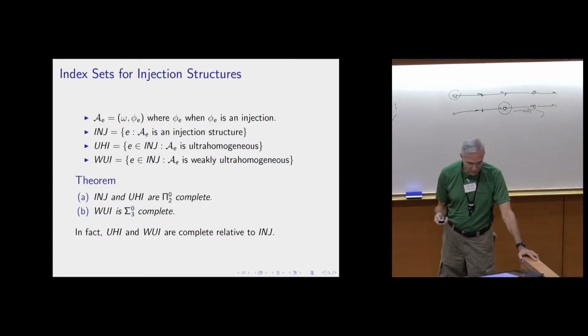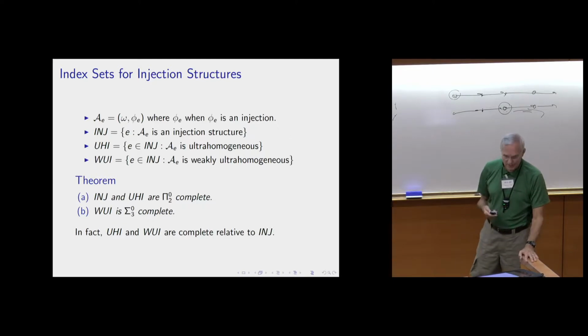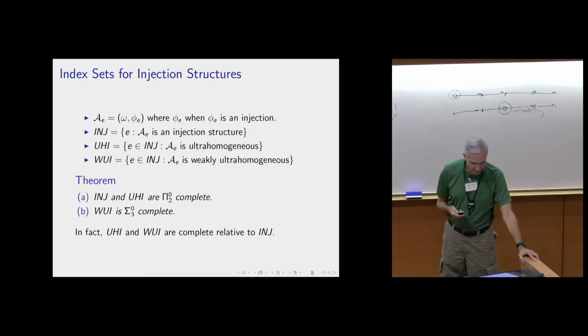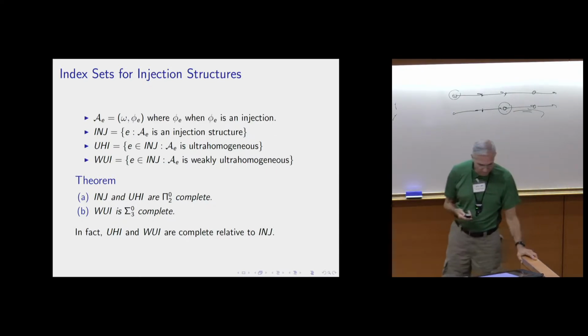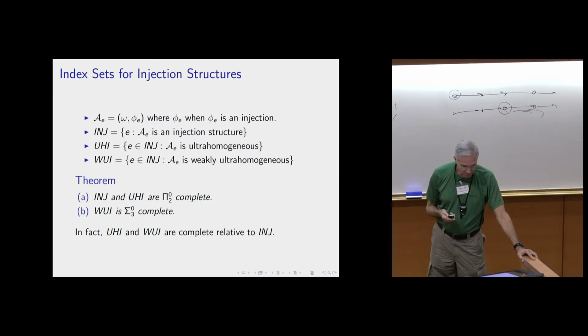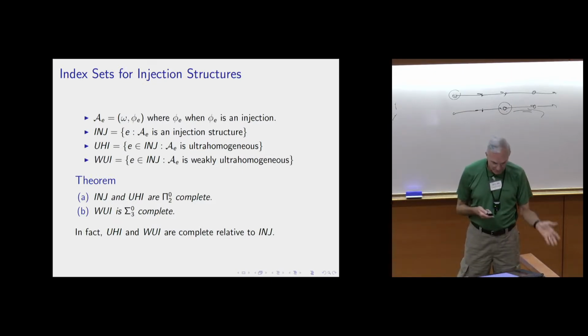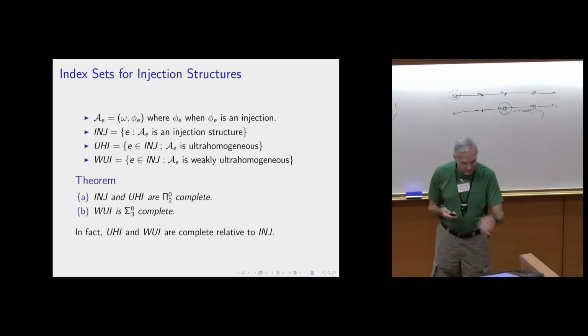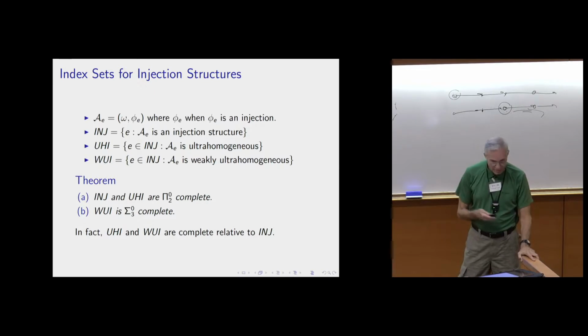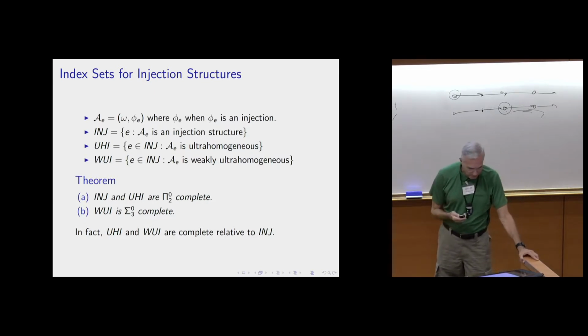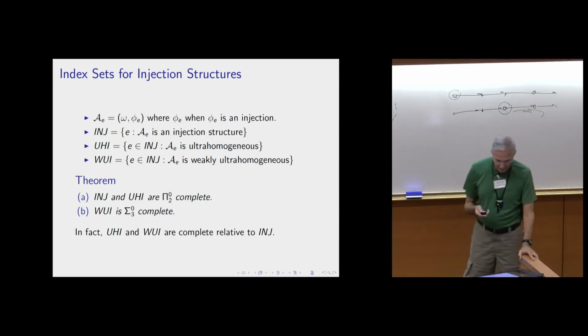And then the index set results come out to be essentially the same as for the linear order. Being homogeneous is still Pi_2 because you're essentially saying, given these finitely many parameters, can you always get an isomorphism? Can you always extend one step at a time? So does there exist one more level of the isomorphism? And being weakly becomes Sigma_3 complete.